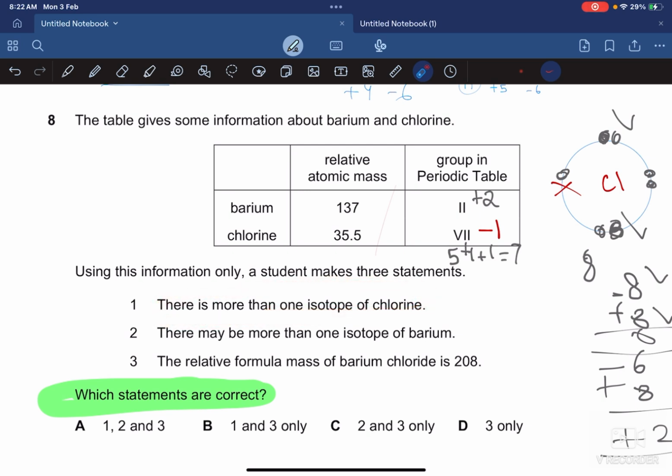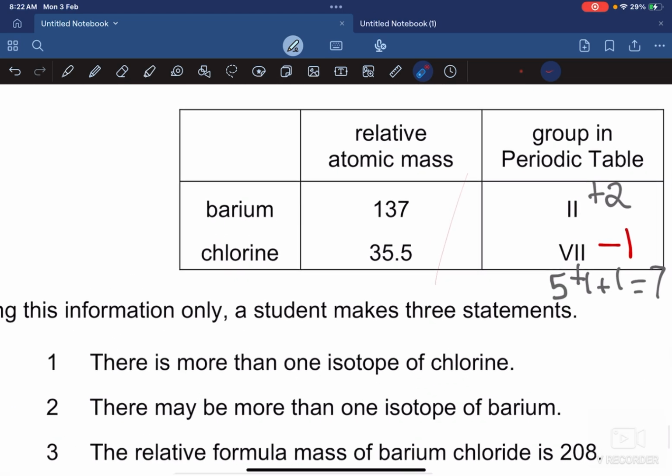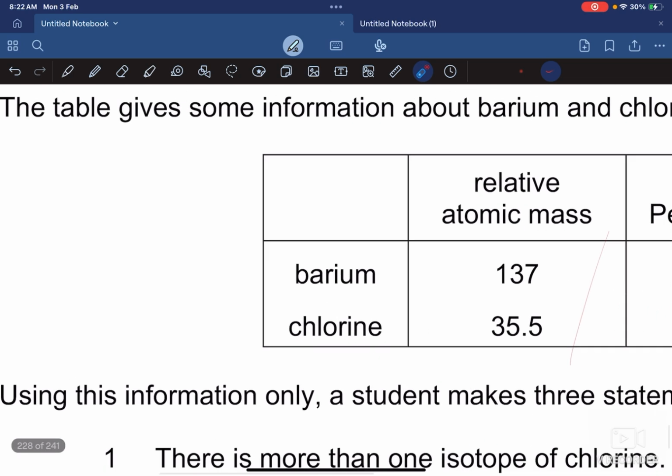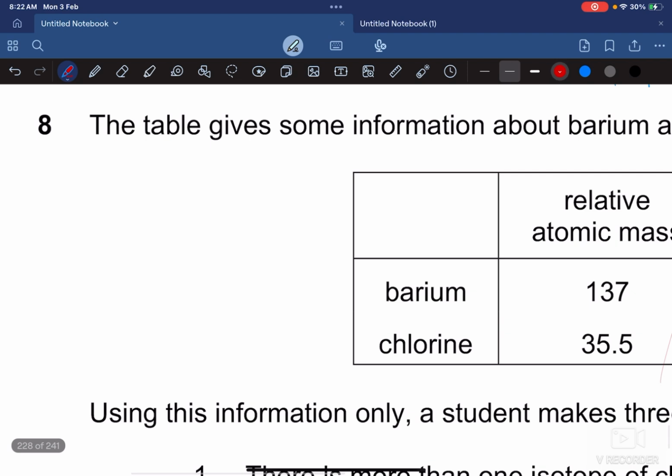Well, what do you think about it? Is that true? Look, the relative atomic mass of chlorine is 35.5. What is this 0.5 telling you guys? Have you ever heard what relative atomic mass is? It is the number of protons plus the number of neutrons.